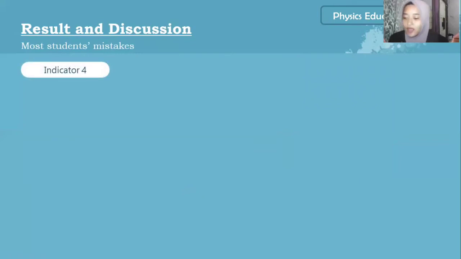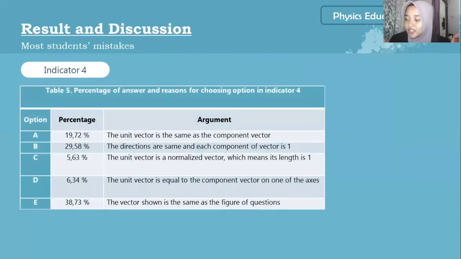Indicator 4 is about unit vectors, which refers to the graphic representation of unit vectors. This item is included in the category of questions with a high level of difficulty. The distribution of answers and the reasons for students choosing the options provided in this question can be seen in table 5.